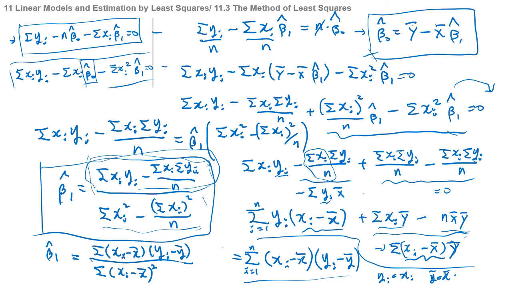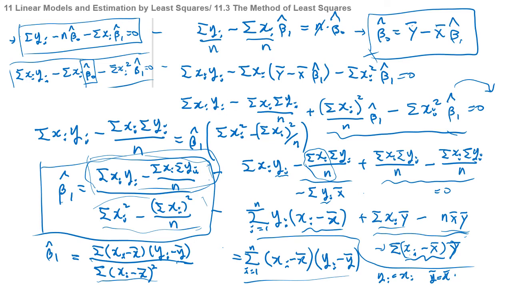Actually, the upper part and denominator part are the same. If you put yi as xi, then the upper part and denominator part are the same. So you can similarly derive that the denominator part can be written this way.